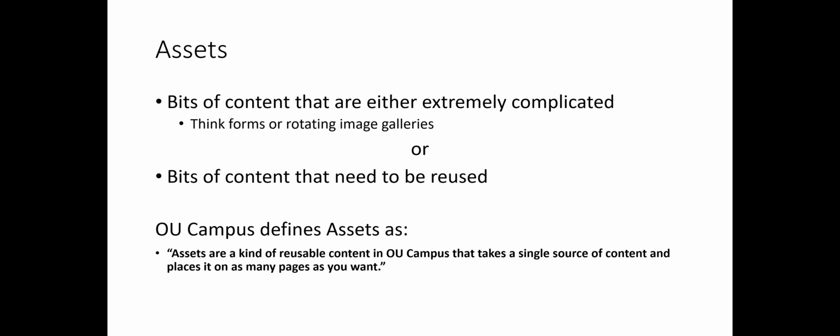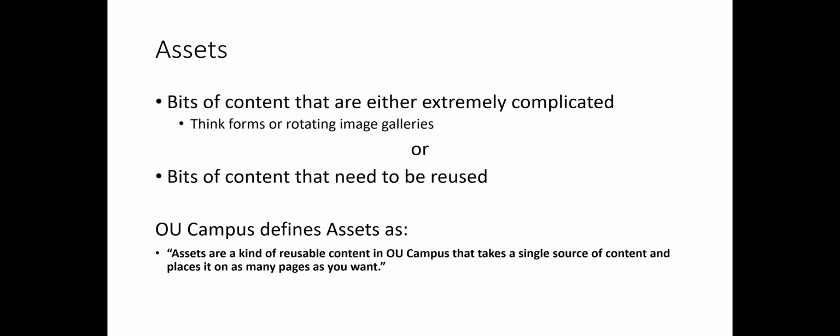It could be something really simple, like a single piece of text, but let's say that exact text exists on several different pages and all of them need to be updated at the same time and say the exact same thing the exact same way. Assets are a way that we could do that. We could update just that one asset and get all of those various pages updated at the same time.